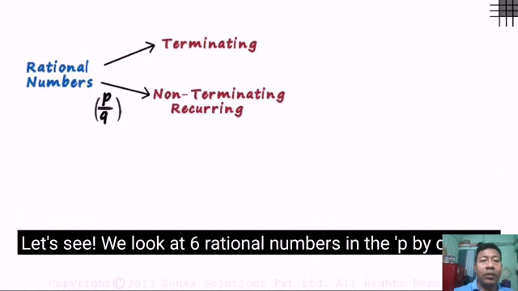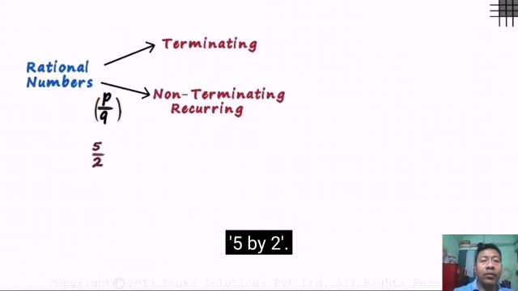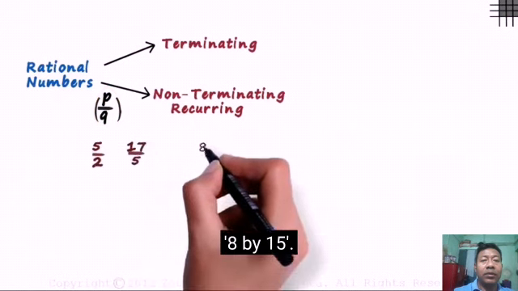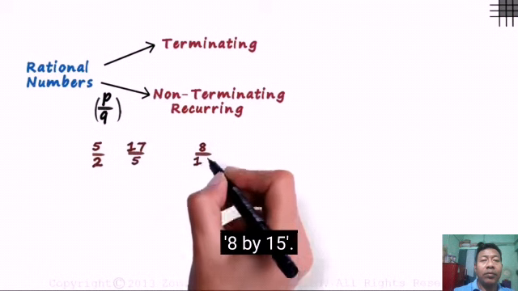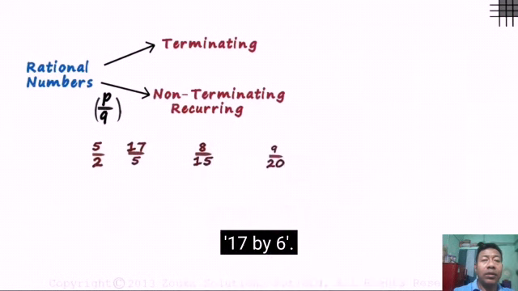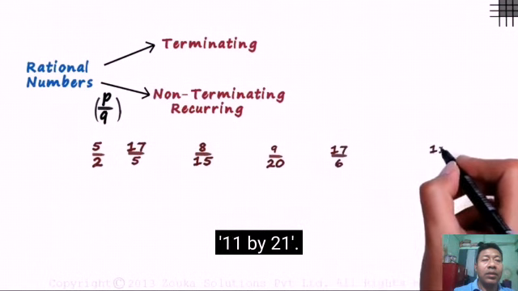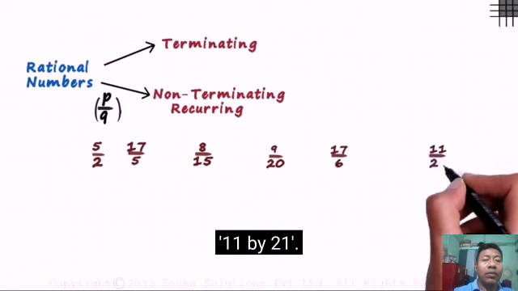Let us see. We look at 6 rational numbers in the form of p by q: 5 divided by 2, 17 divided by 5, 8 divided by 15, 9 divided by 20, 17 divided by 6, 11 divided by 21.